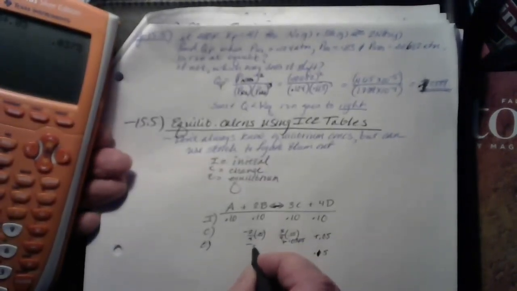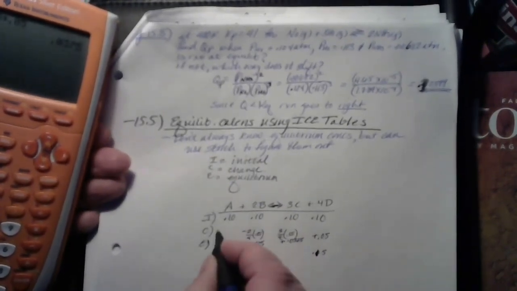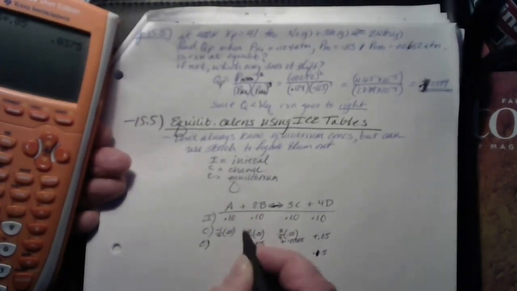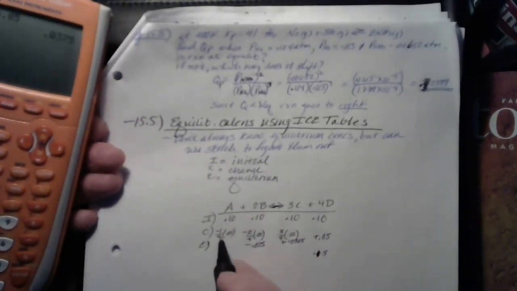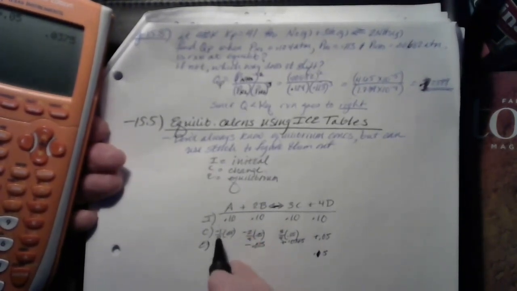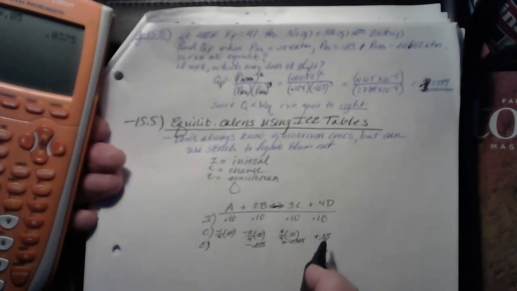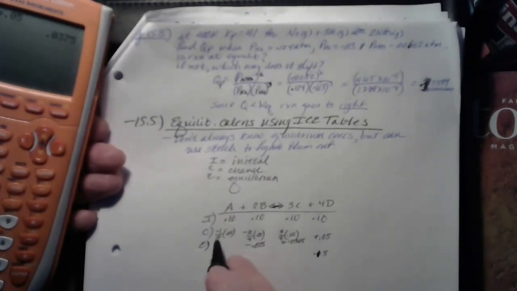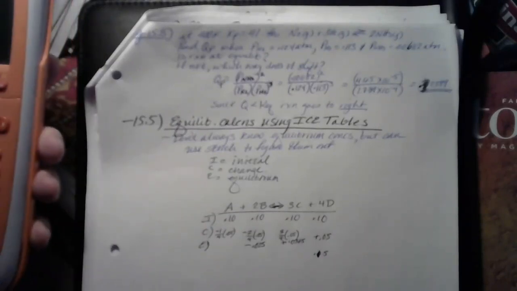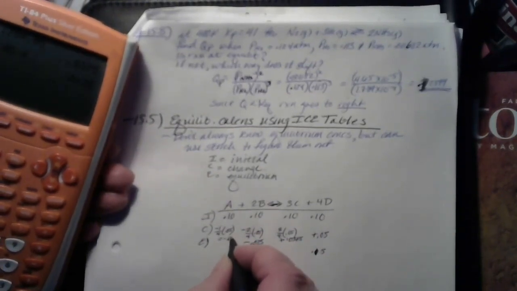So this is going to be minus 0.025. And the change for A is going to be negative because that's a reactant also. It's going to be 1/4 of whatever the change in D was. So it's negative 1/4 of 0.05, and that is negative 0.0125.